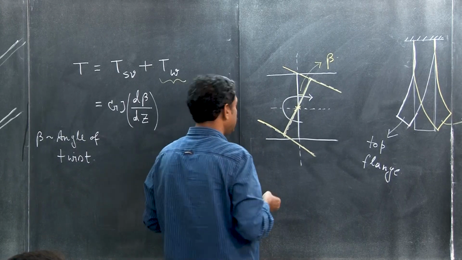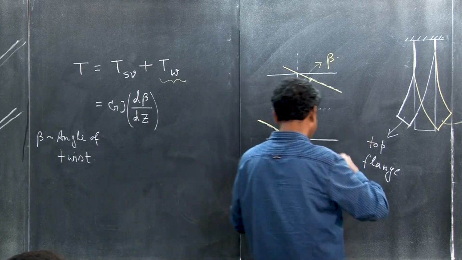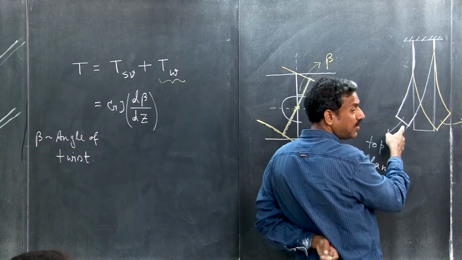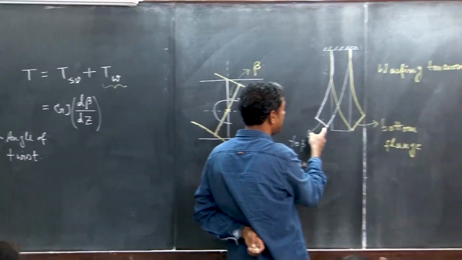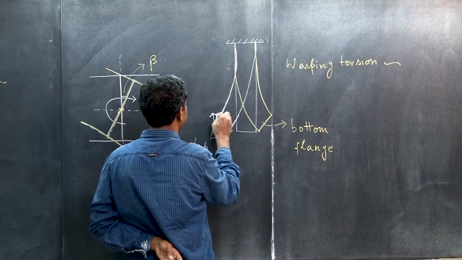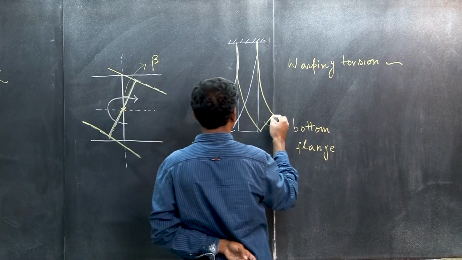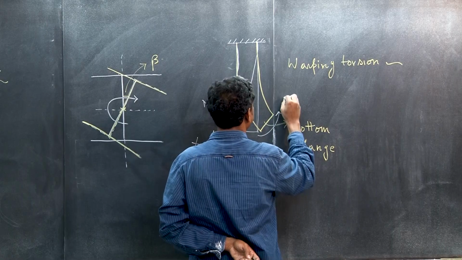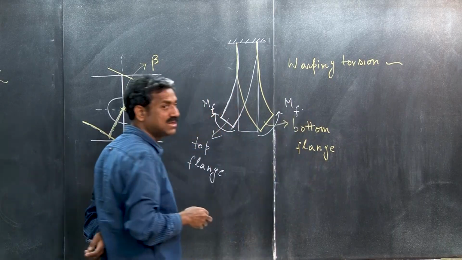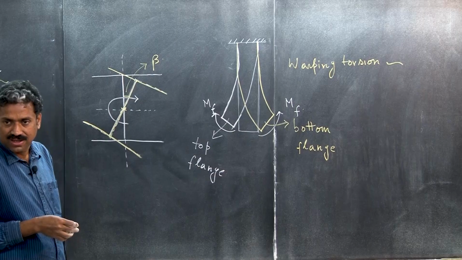Okay. So, now when it is bending, I am sure that there will be some hypothetical bending moment here which is causing it to bend, right. So, this hypothetical bending moment we can define as MF, and these will be equal and opposite, right, MF and MF.